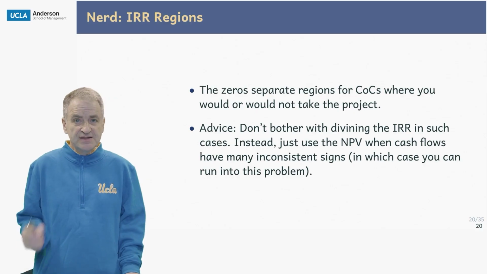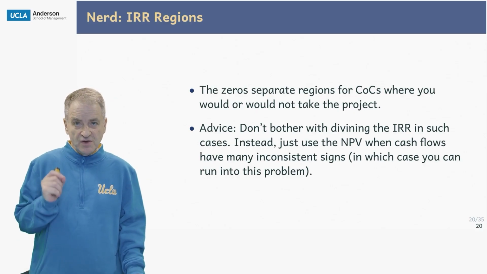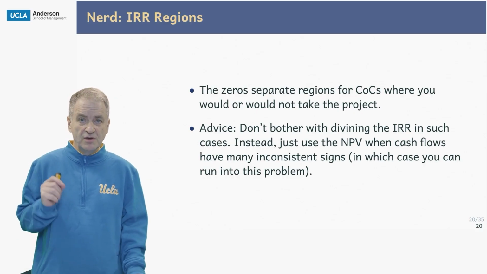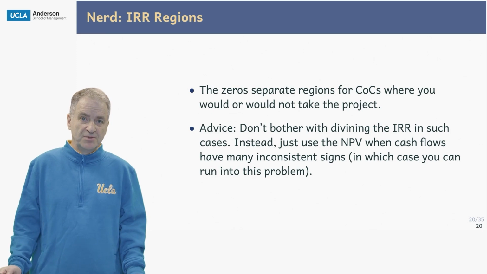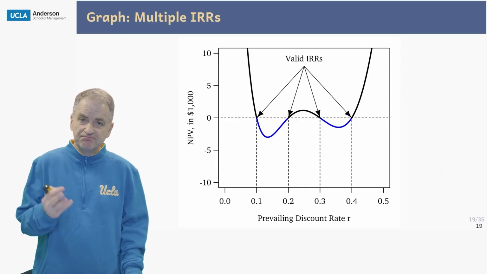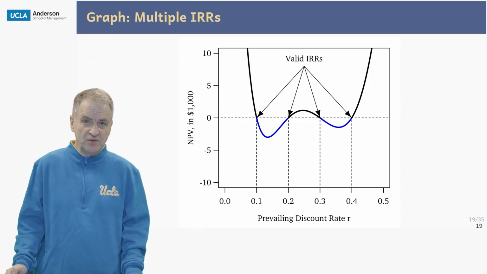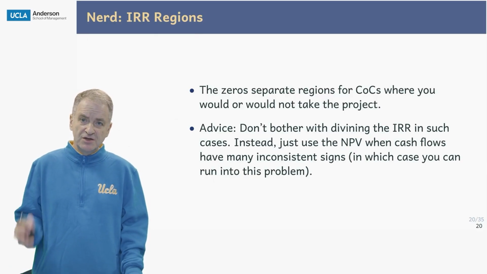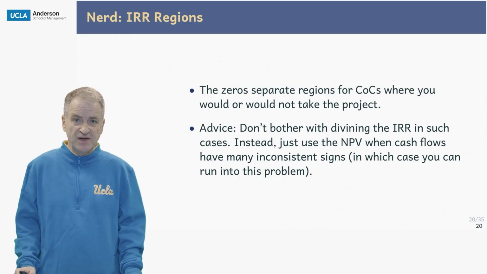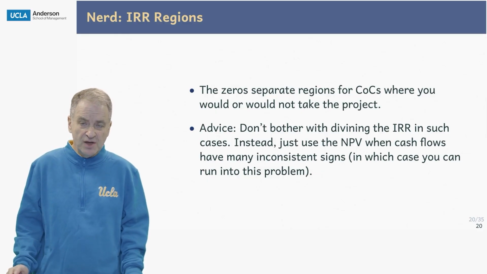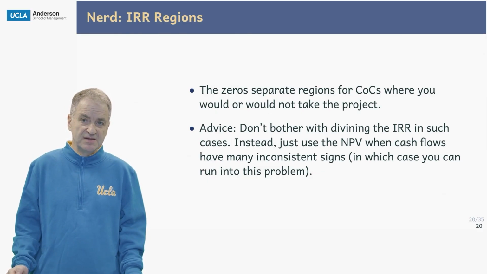The zeros separate regions for the cost of capital where you would or would not take the project. But my advice is, when you have projects that look like this, with multiple inflows and outflows, forget about internal rate of return. Just live with net present value. It's the correct rule and it doesn't give you this inconsistent sign problem.